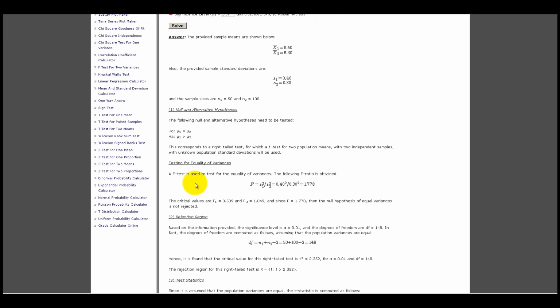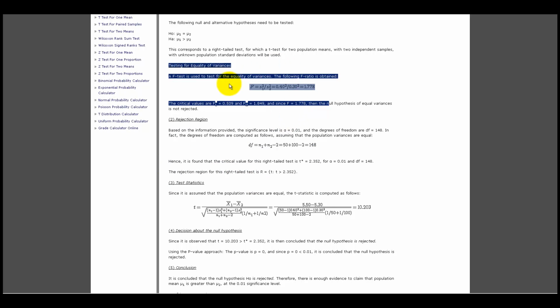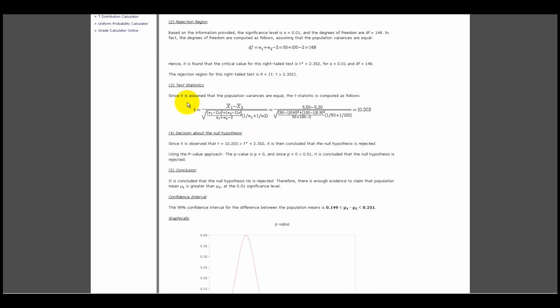And what it does here, first, it tests for the equality of variances, and based on whether the variances are equal or not, it computes the statistic. In this case, it finds that the null hypothesis of equal variances is not rejected. So we don't have enough information to say that the variances are not equal. And it uses the formula for the equal standard deviations.